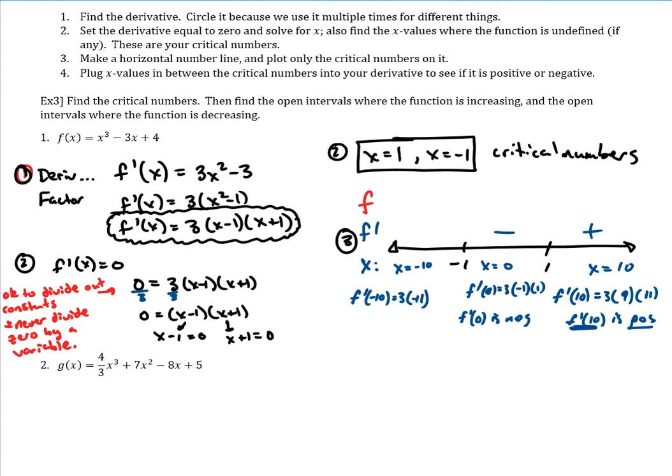And then -10 plus 1 would be -9. Again, you could get the actual number if you want to, but all I care about is the sign. A -11 times a -9 would be positive, times 3 would be positive. So this is also positive, like the end one there.